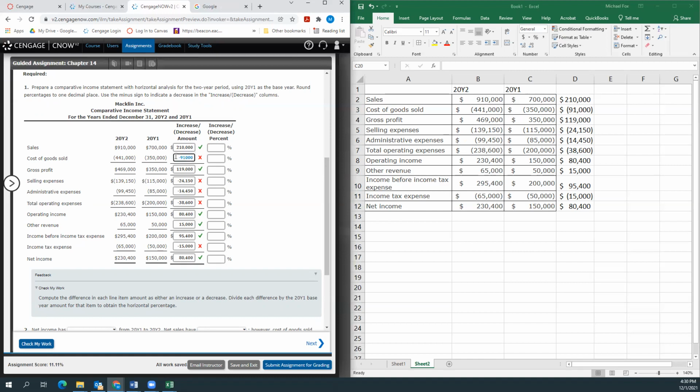So I'm not sure. I guess it wants us to consider that an increase because it's more negative. I think that's a little weird.